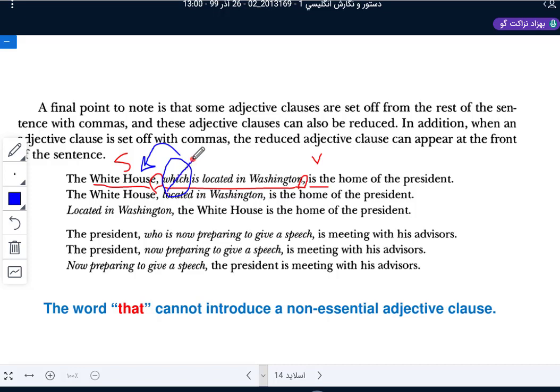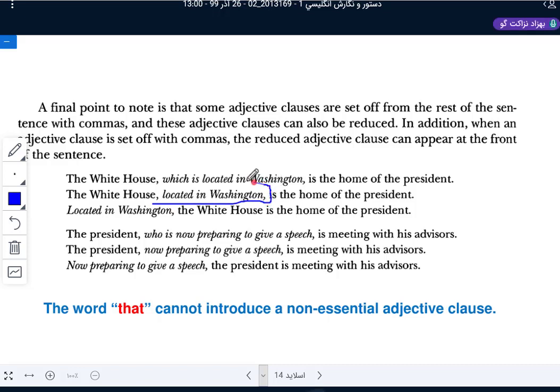I do away with this and a be verb at the same time. So the White House, comma, which is located in Washington, D.C., becomes the White House, comma, located in Washington, D.C., is the home of the president. This is the reduced form.